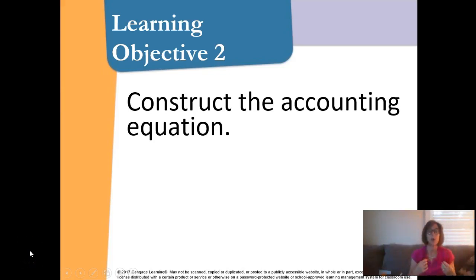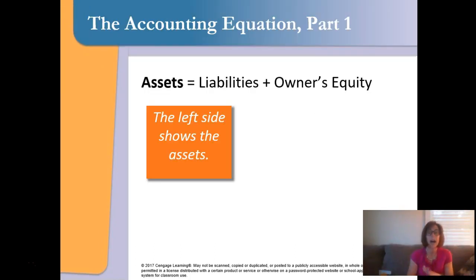We're going to pick up here with our concepts of assets, liability, and owner's equity to talk about the accounting equation. Assets in our equation equal liability plus owner's equity.